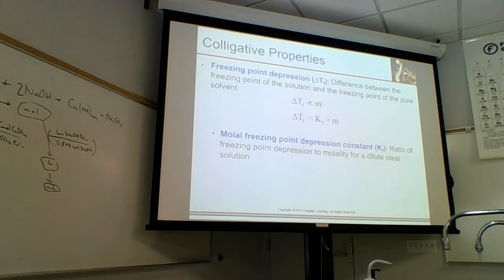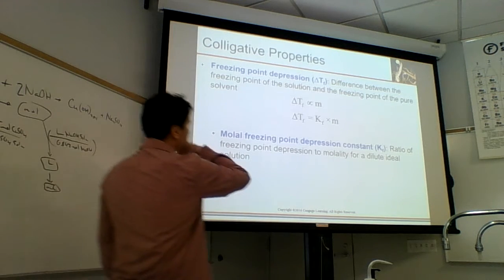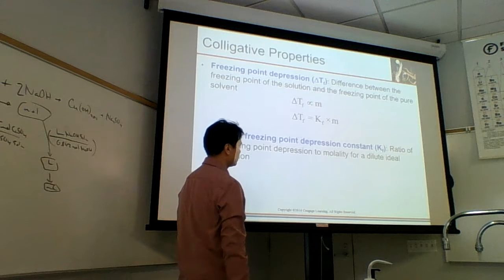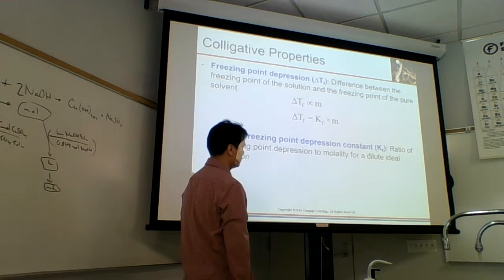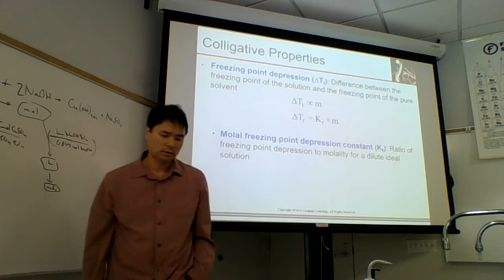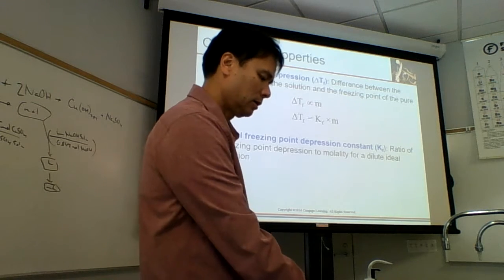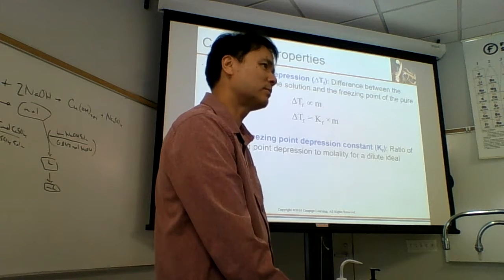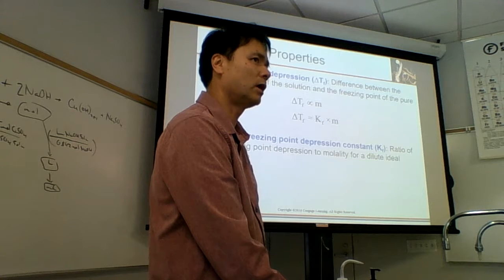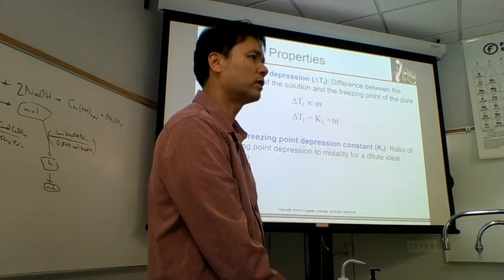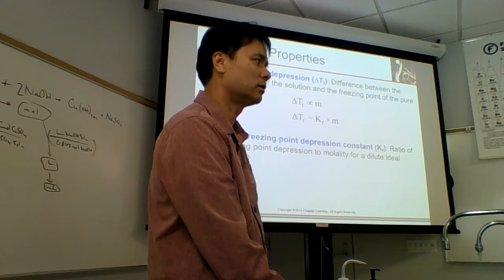Well, having a lower freezing point is called freezing point depression. So colligative property is freezing point depression. That is, salt solutions freeze at lower temperatures. How about boiling? Do salt solutions boil at the same temperature, 100 degrees? A higher temperature, over 100, or lower temperature, under 100?